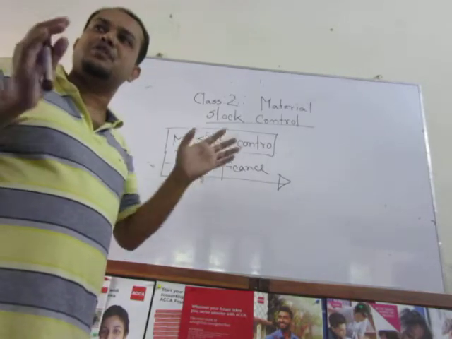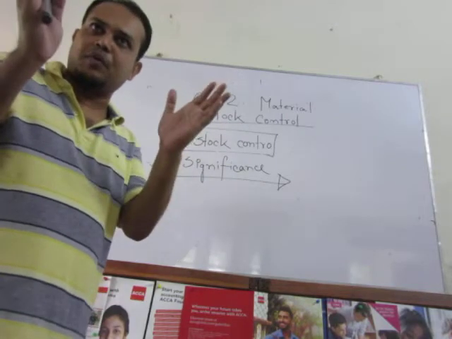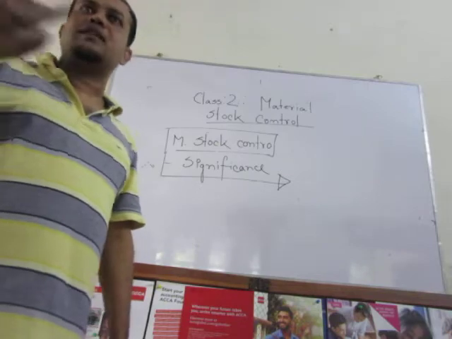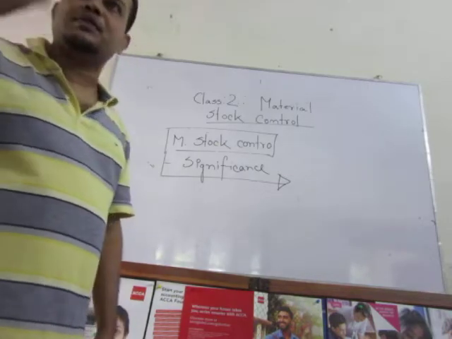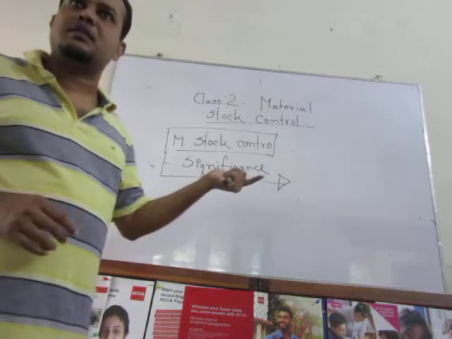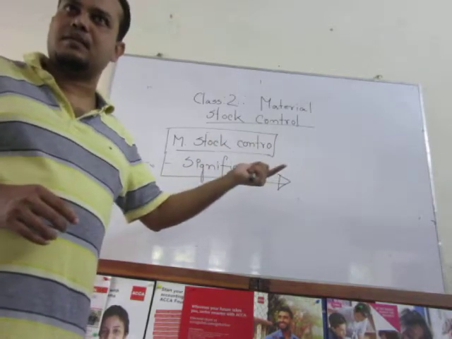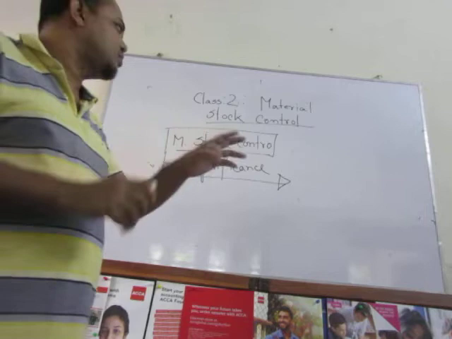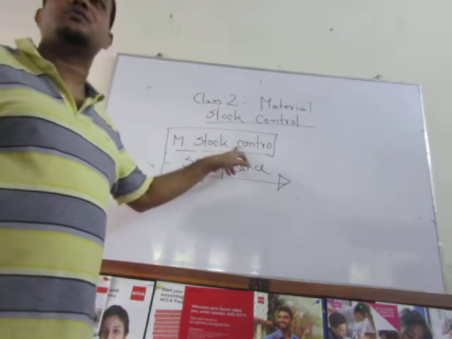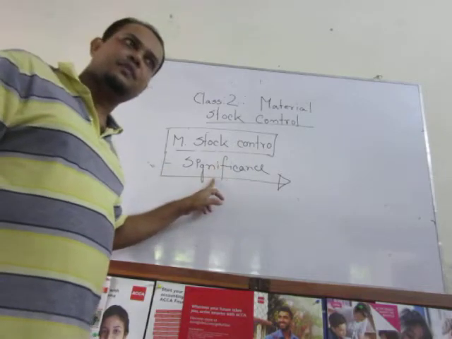That means we ensure ourselves stocking such an amount that we can support emergency demand and keep the production process continuous. At the same time, it is not a kind of waste, it is not a kind of spoilage. Clear? So this activity as a whole we are saying is stock control, and it's the significance behind this.